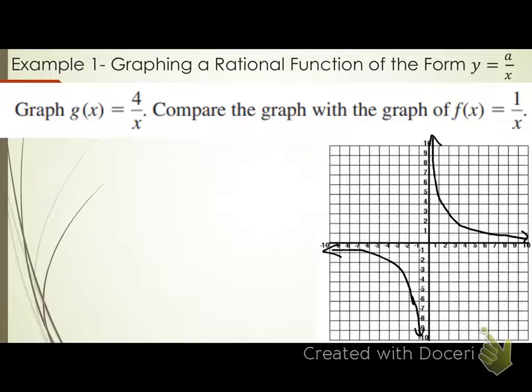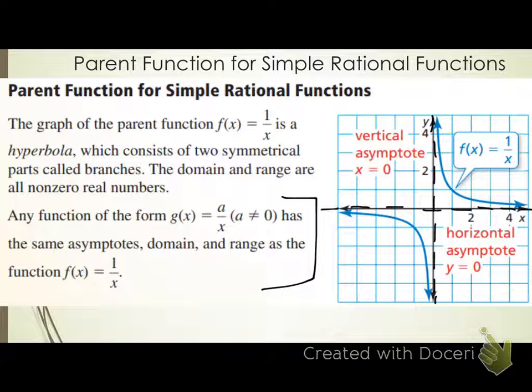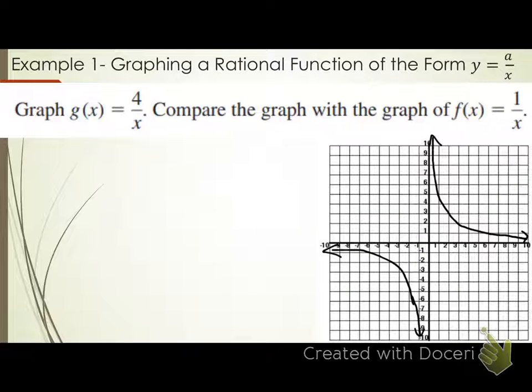Yeah, so it does take that form. So what do I know is going to be true of it? It should have the same asymptotes, same domain, and same range as 1 over x. Is that the case? Do we have a vertical asymptote at x equals 0?